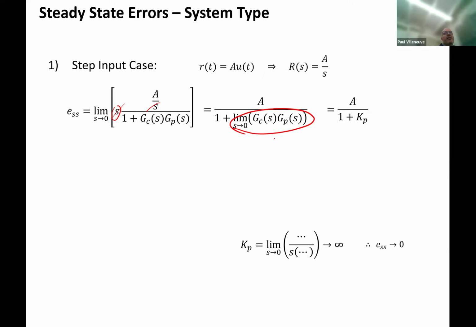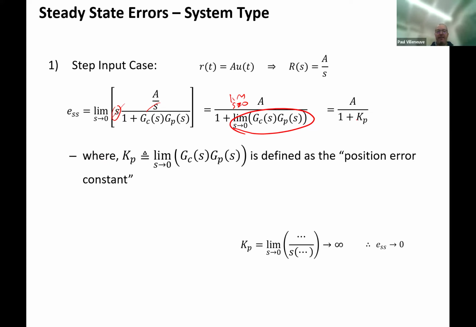Why am I moving it into the denominator? Because that's the only one that has s in it. If I take the limit as s approaches 0, why does A care? A doesn't have s in it, it's a constant. So no work needs to be done for A in a limit function because it's not dependent on s. What I end up with is a simplified expression that has this term K sub P in it.